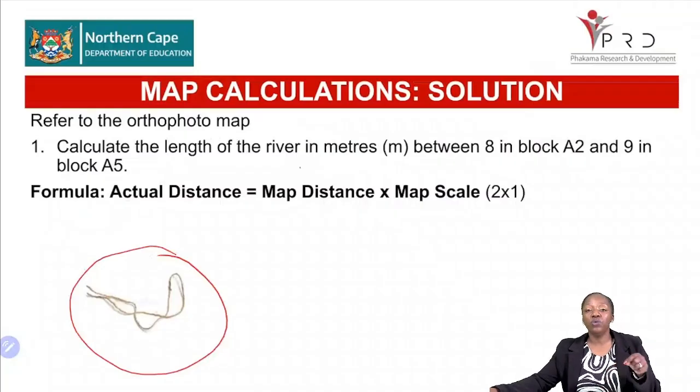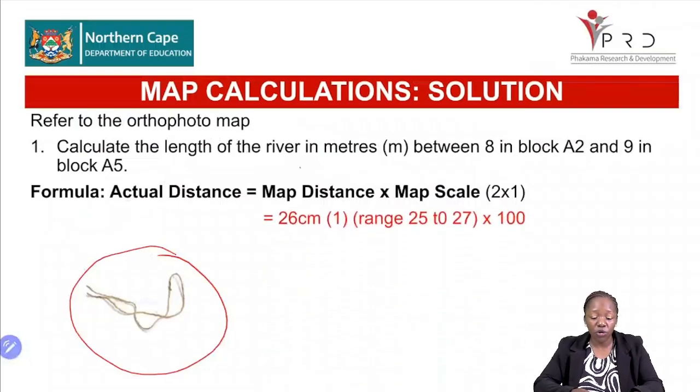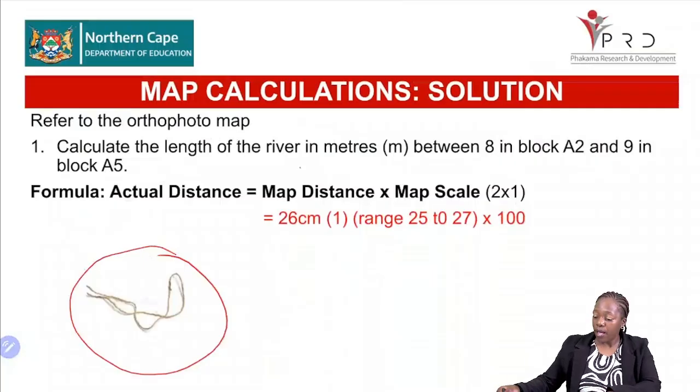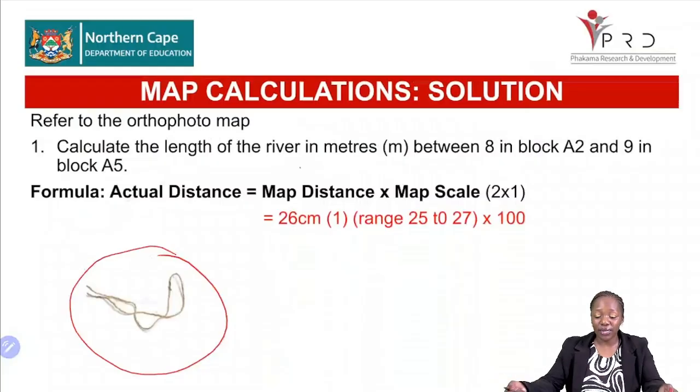So what you do with the string, you move along with the river until you are at the end. If you only use the straight line, you will get an incorrect answer. The string helps you know how this river is flowing so that you can measure. Once you have measured it with a string, you then take the ruler so that you measure that string.